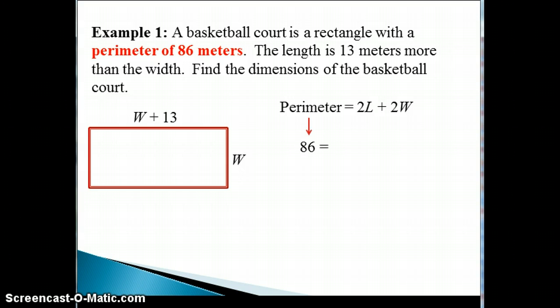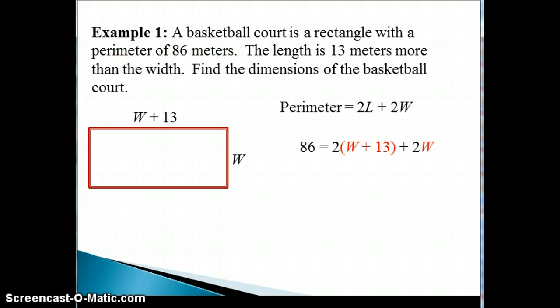Next, we replace the L for length with the expression w plus 13, being sure to put it inside parentheses since the formula says to double the length. The variable for the width in the second term doesn't need to be replaced since we have already let w represent the width. Our equation is ready to be solved to answer the question.